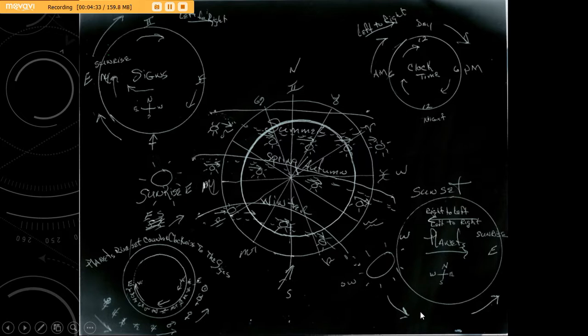The planets also rise in the east, but in the opposite direction from what we're seeing.